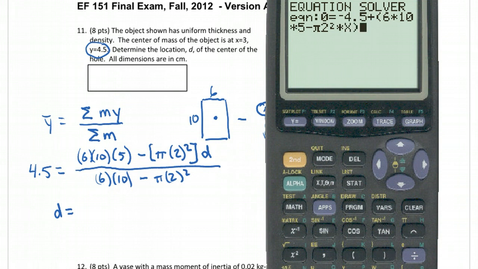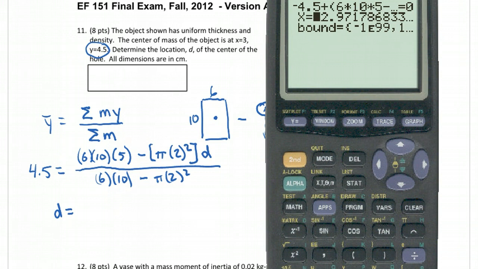So that's that quantity divided by 6 times 10 minus pi r squared. Alright, we'll make an initial guess of 5.